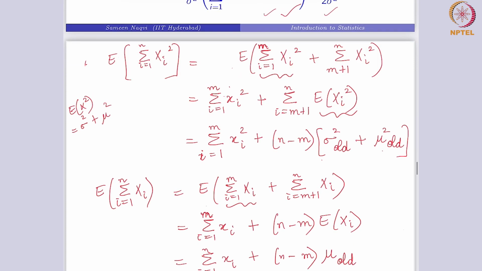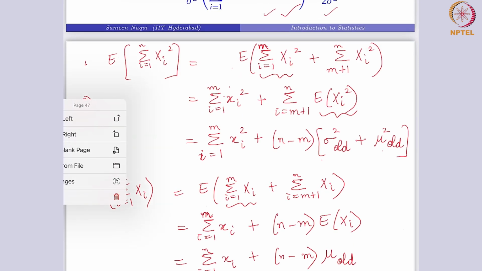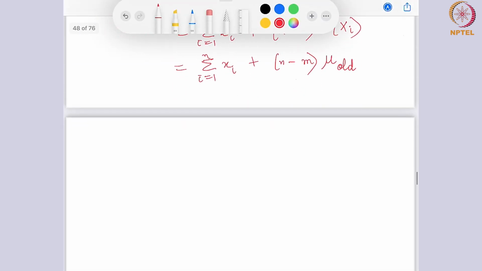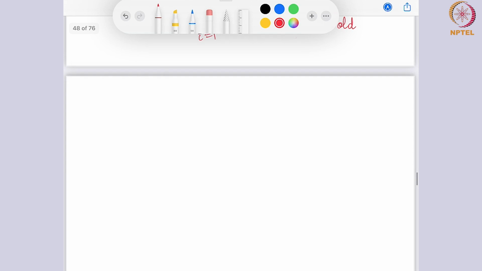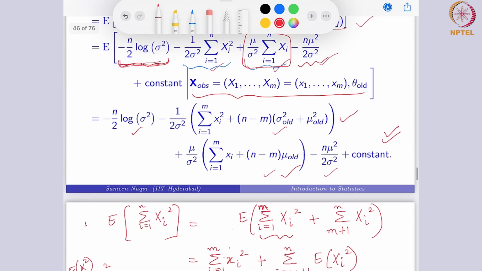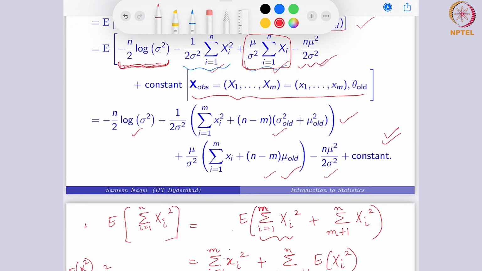To understand this, let me add a blank page. First of all, let us differentiate it with respect to mu. When we are differentiating with respect to mu, you can see from here that there are only the third and the fourth terms. These are the only terms which are contributing.